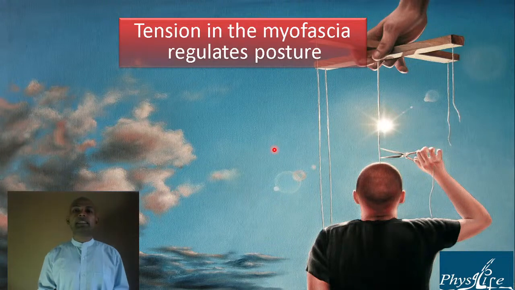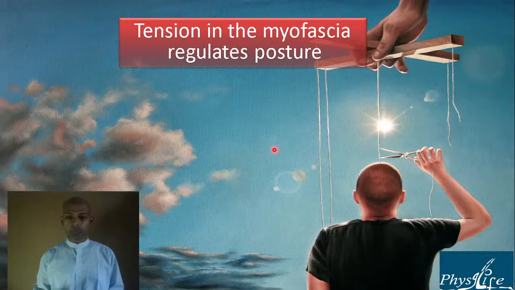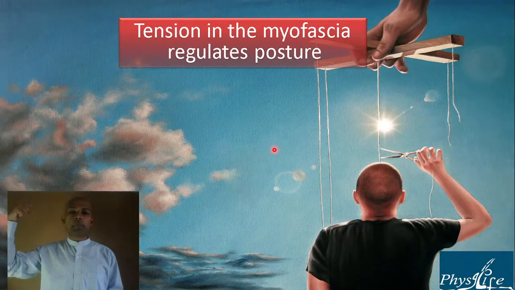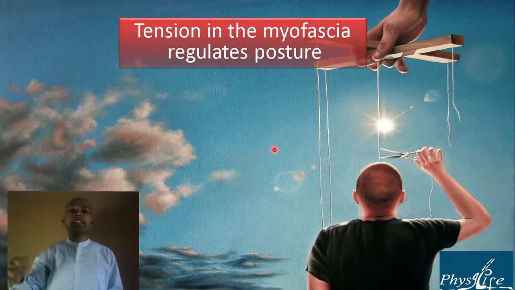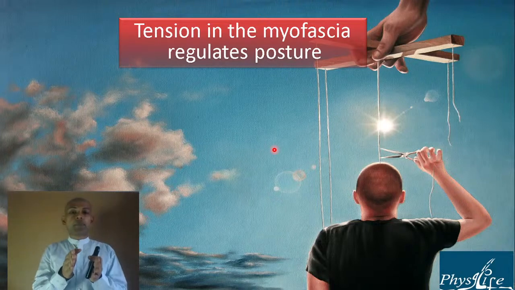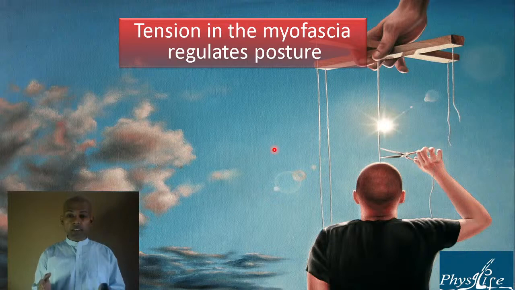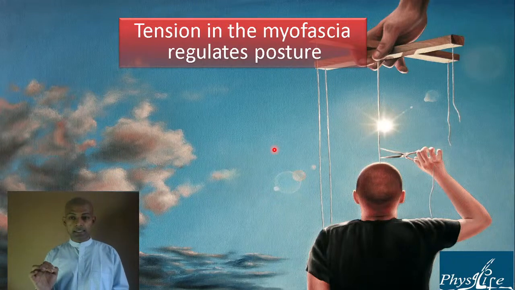Now, here we come. Tension in the myofascia regulates posture. It's almost like we are a puppet, and the strings of this puppet are the lines of our fascia. Once you have proper tension in the proper fascial lines, you are able to maintain good, appropriate posture.